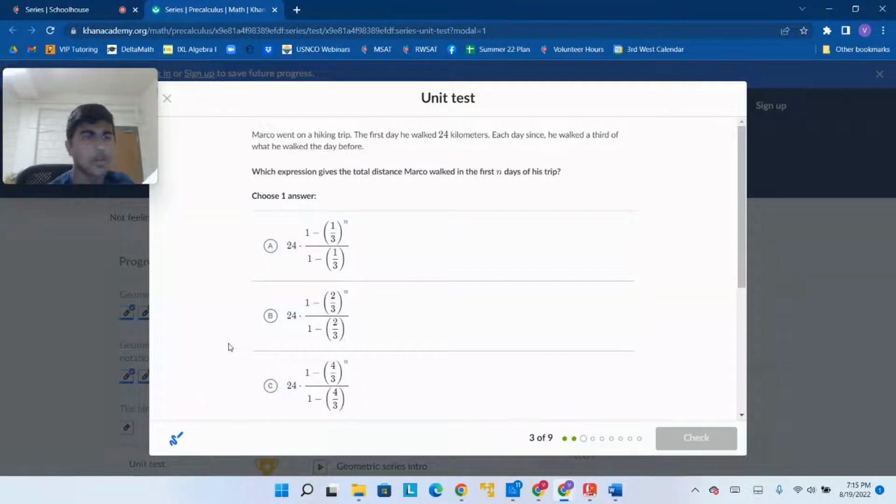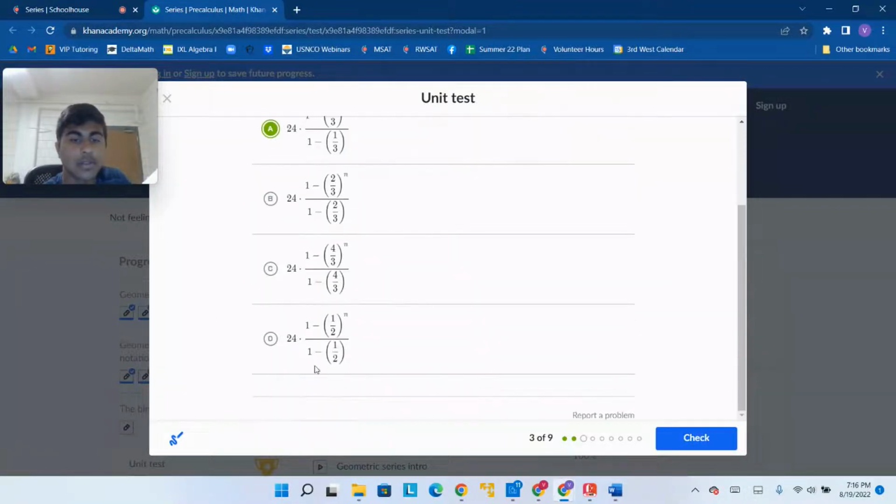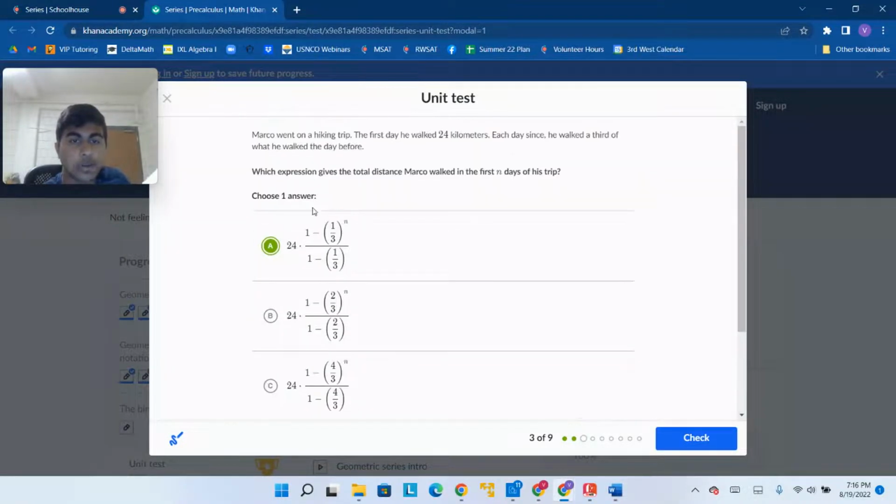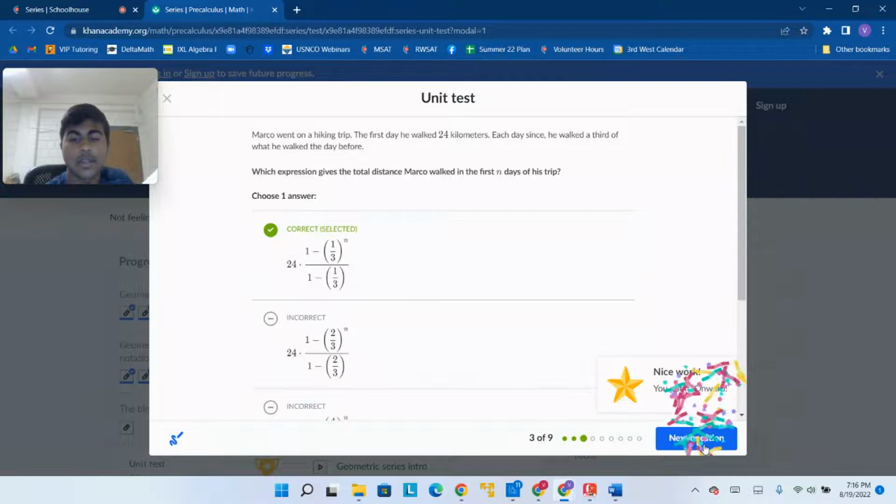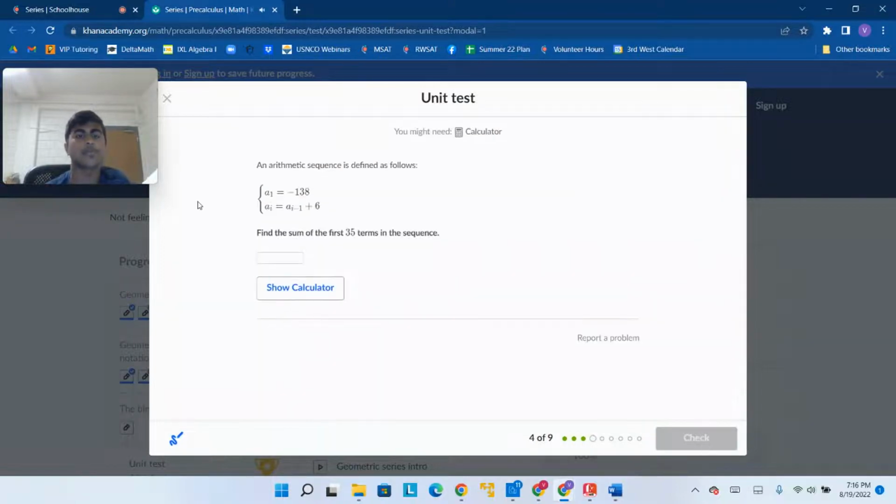You just multiply both sides by negative 1. You get 1 minus 1/3 to the n over 1 minus 1/3 times the 24 that he started with. None of the rest of these are right because they don't have this common ratio of 1/3. And that is that for question number 3. We can move on to the next question.